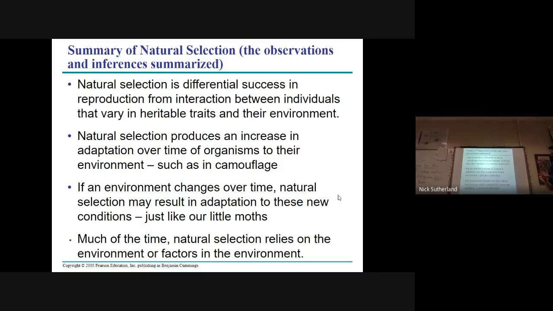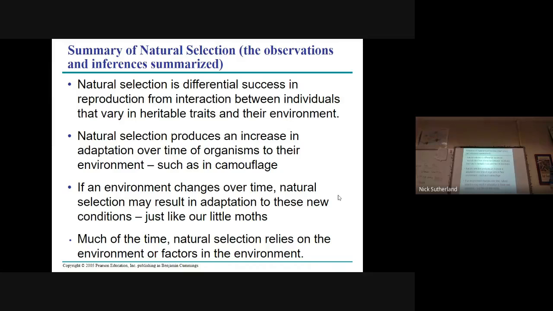So if I could take the previous 3 or 4 slides that cover all that stuff and put it in one sentence, that's a thick sentence. There's a lot going on with that sentence that you have to break down because there's so much information embedded into it. Natural selection is differential success in reproduction, meaning some individuals are going to be better at reproducing than others, right? That's what that statement means.